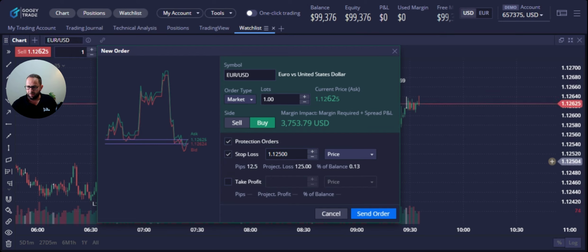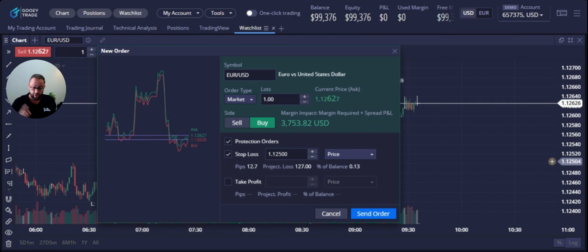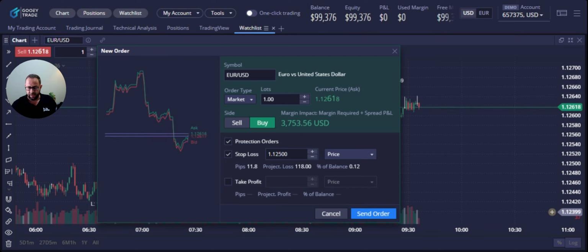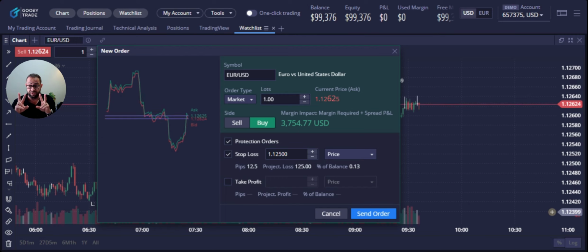Right, so once you figure out where you want to enter, whether you want to buy or sell, and where you want to place your stop, you've changed your lot size, so you only risk a small percentage of your account. You can then click send order, and you'll get into the market if you use the market order. Alternatively, you have to wait for price to gravitate to a level if you wanted to use a limit order instead. Right, so that's how you control your lot sizes and therefore your position sizing.